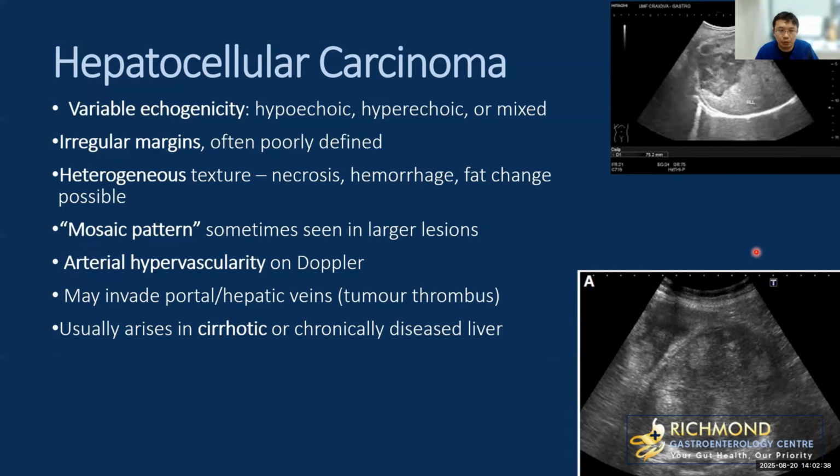Also, only in cirrhotics would you get increased risk of HCC. Other than that, would be hepatitis B carriers who are over a certain age. For example, Asian male more than 40, Asian female more than 50. Now, you will have arterial vascularity on ultrasound Doppler. Sometimes you can get a mosaic pattern where some spots are brighter, some spots are darker.